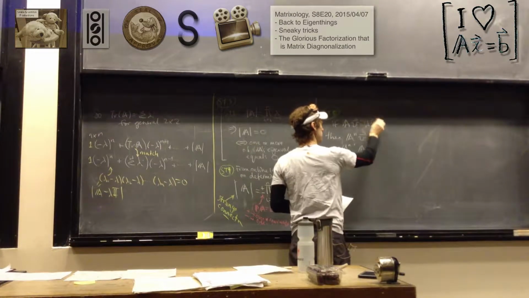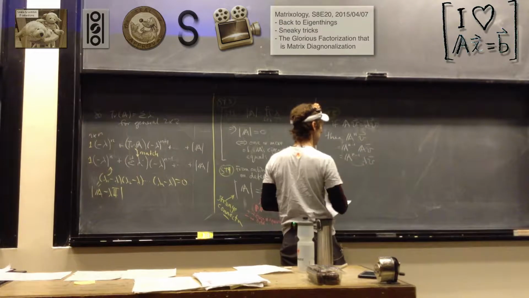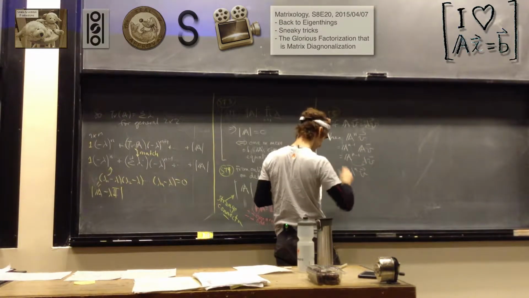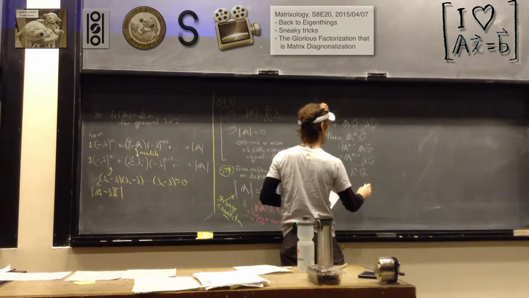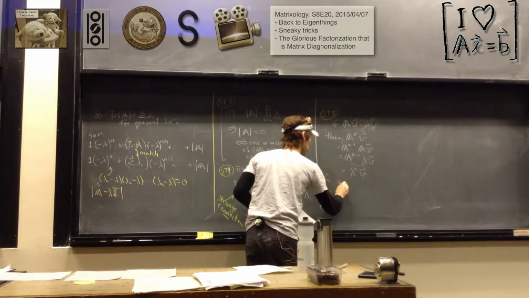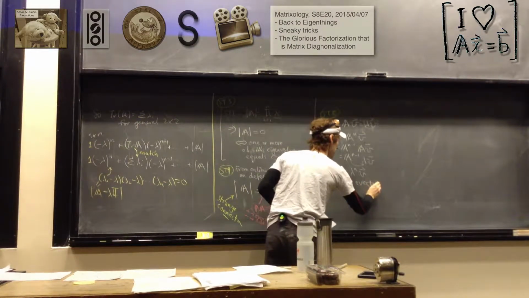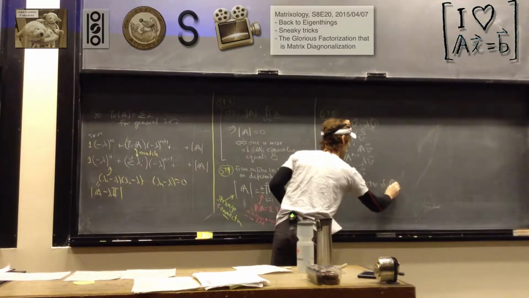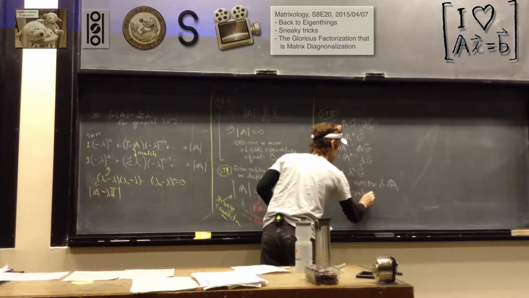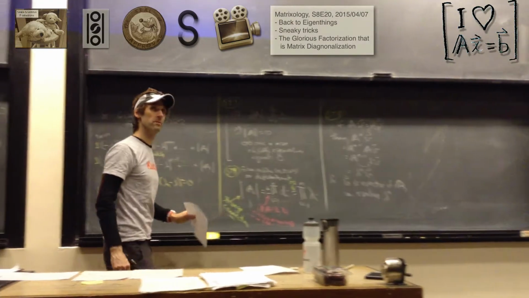We can use this relationship straight here, right? So each one of these can get turned into a lambda, and we'll end up with lambda to the n times V. So V is an eigenvector of A with eigenvalue lambda to the n. Just a simple little argument.